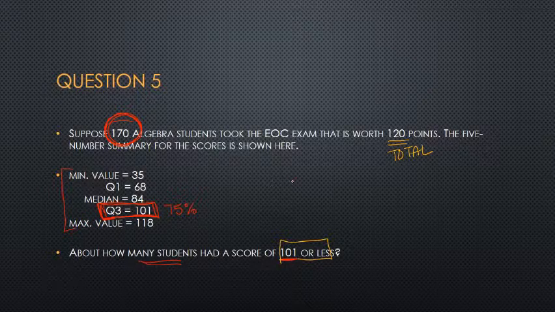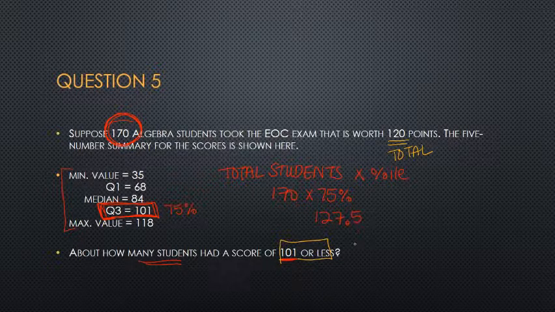So if I take my total number of students, that 170, and multiply it by my percentile, in this case the 75th, this is going to tell me how many students had a score of 101 or less. So 170 times 75% is 127.5.